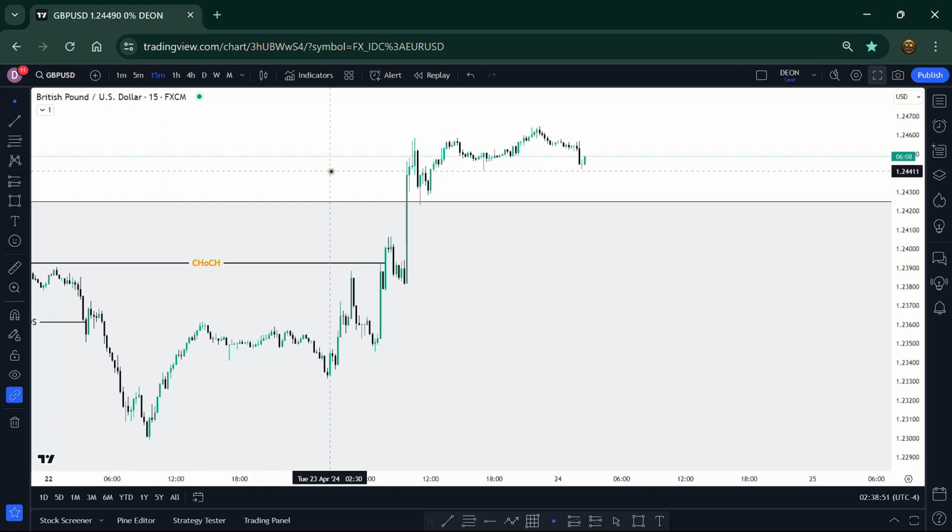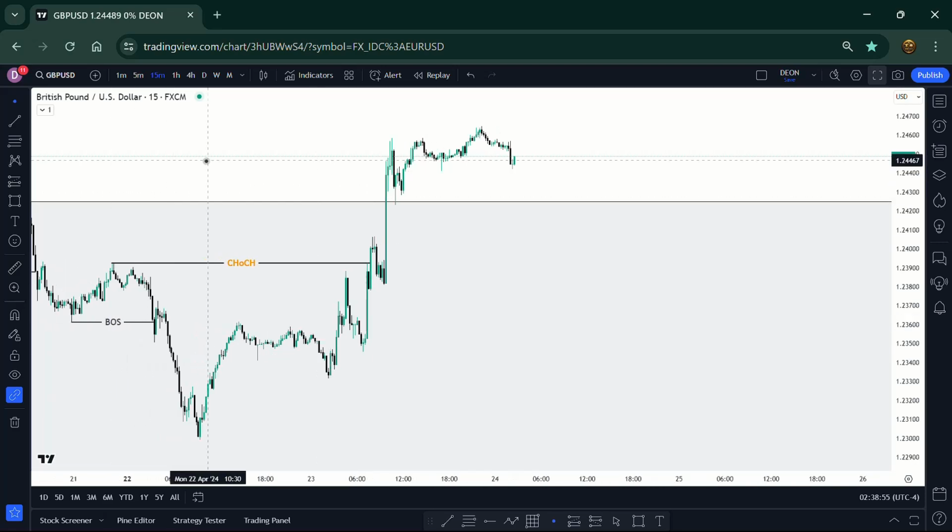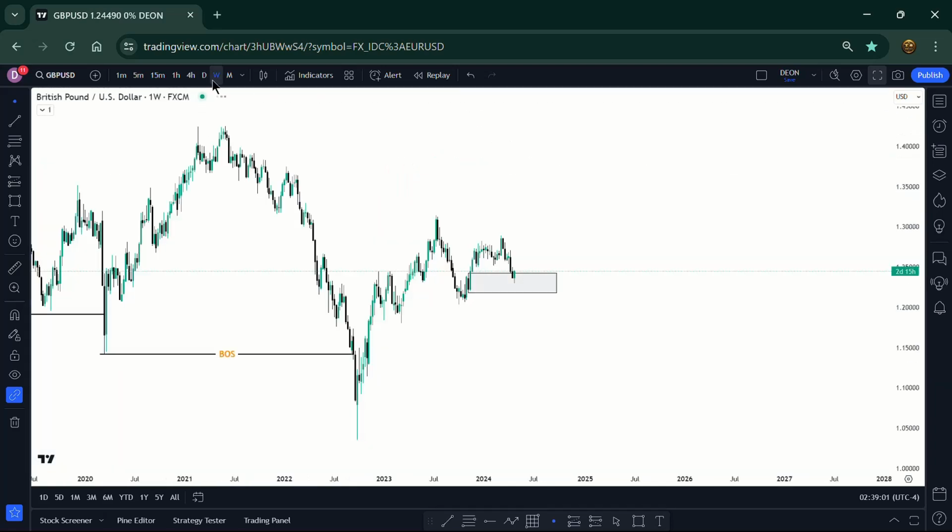So if you analyze your chart on the 15-minute time frame and then on your weekly chart, the market has gone into this zone.